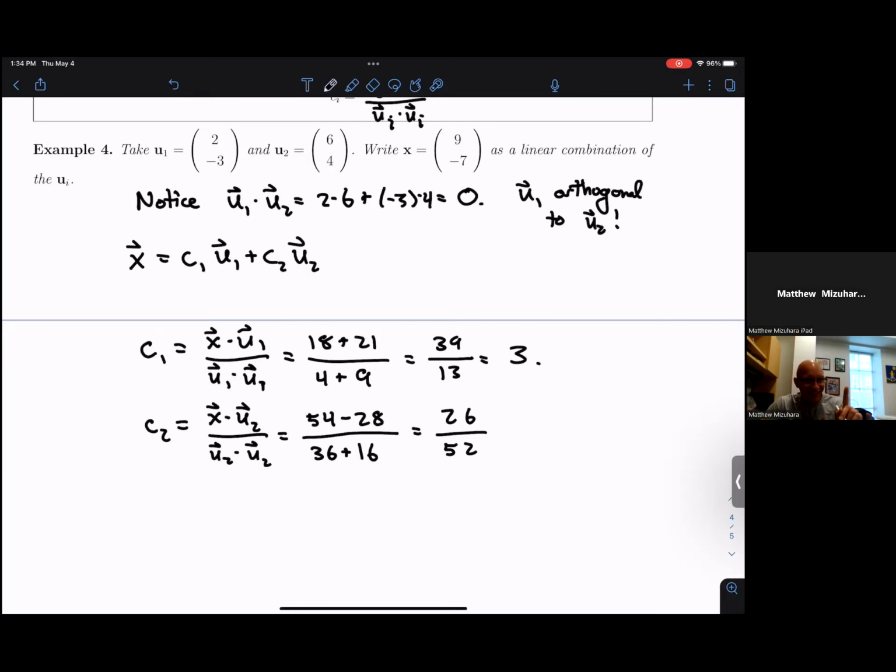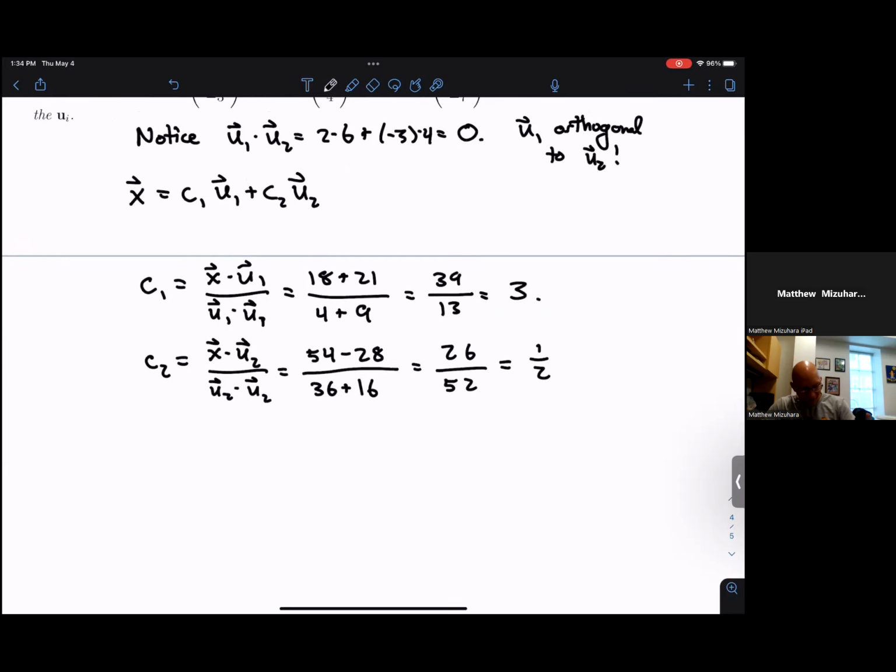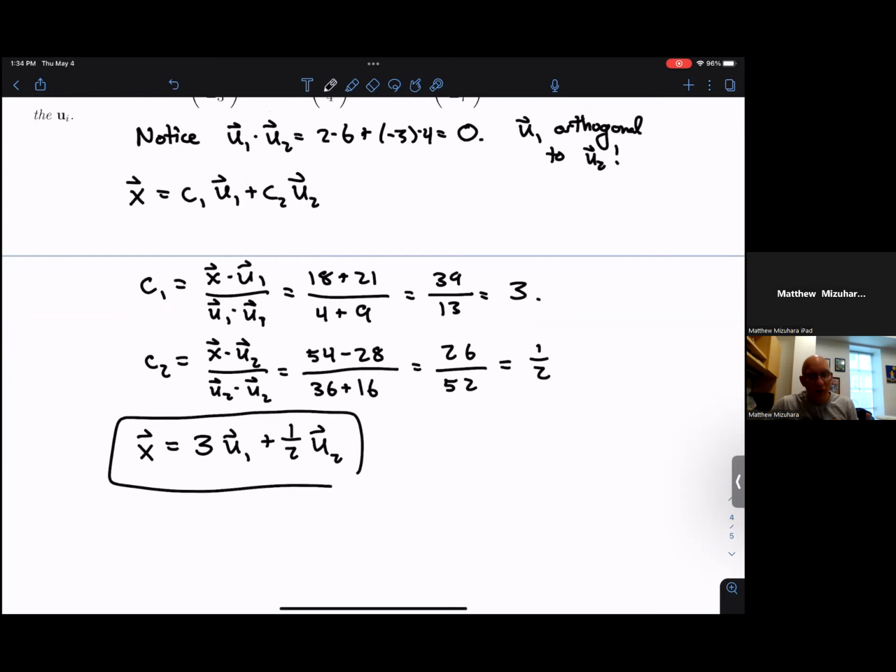Okay, careful with your algebra. Yeah, that's how they get you. All right, 26 over 52. That looks like a nicer number, though. That's a 1/2. Okay, so assuming you can do your arithmetic correctly, we're now done. There's my linear combination: 3 u1s, 1/2 u2s, I'm done.